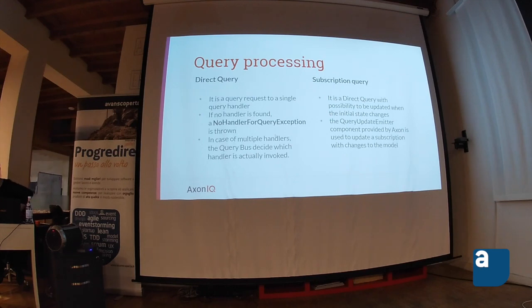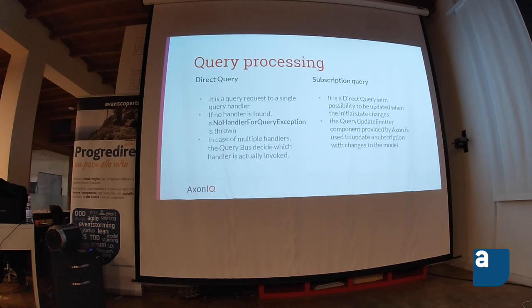In order to do that, Axon Framework provides us three kinds of query. Now we are focusing on two of them, the direct query and the subscription query. The direct query is a simple query, handled by one single handler. If there's no handler to respond to this query, it throws an exception. If there are multiple handlers that can respond to this query, one is chosen by the query bus implementation.